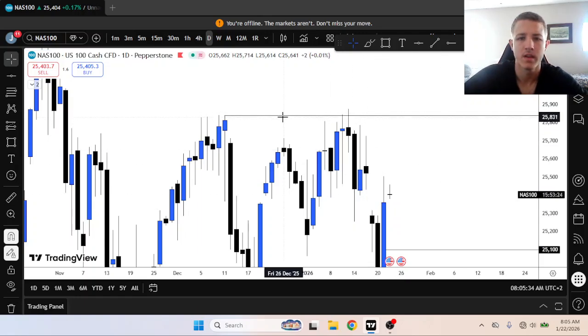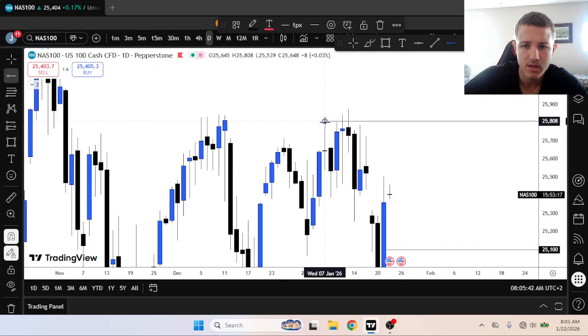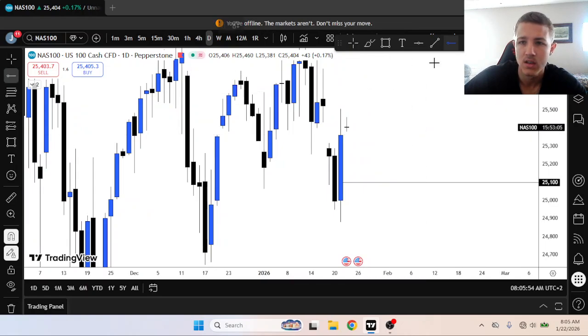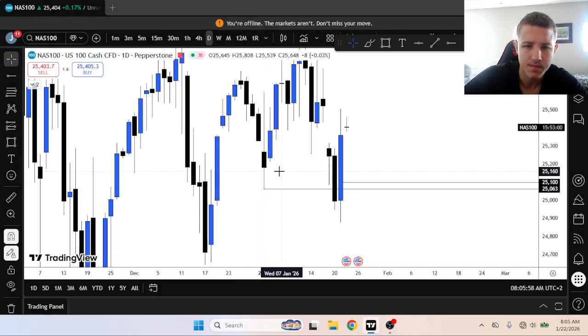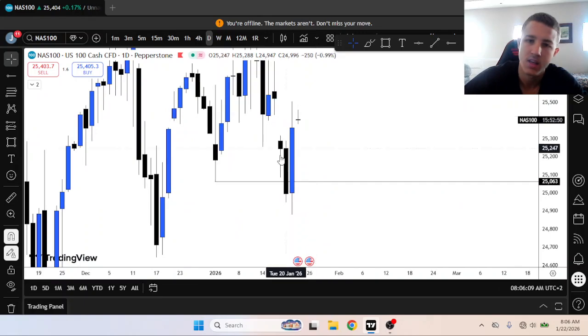Some different examples as well. Here's another one. Here's a move up and a move down. That's the high. We come up, we sweep it, wick. That's if we sweep highs. Here's a move down, move up. This is the low. Price comes down, sweeps it out, rotates. It's plain and simple.